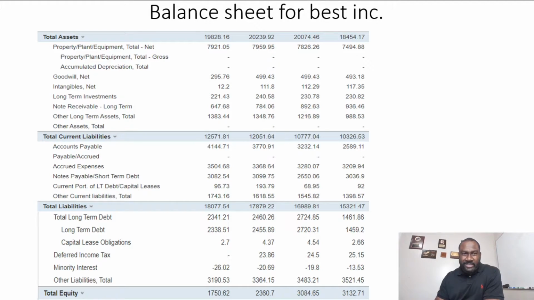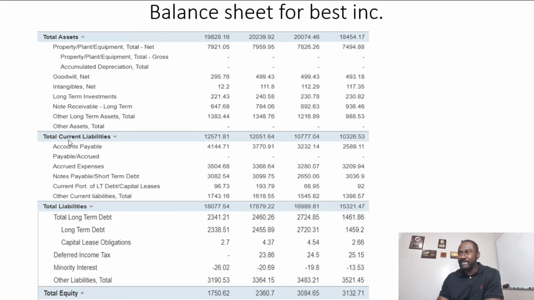You can see total assets. In 2018 they have 18 million worth of assets, in 2019 they have 20 million, and in 2020 they have 20.2 million. So the assets increase, that's good. In the first quarter of 2021 they have about 19 million, which is really good.